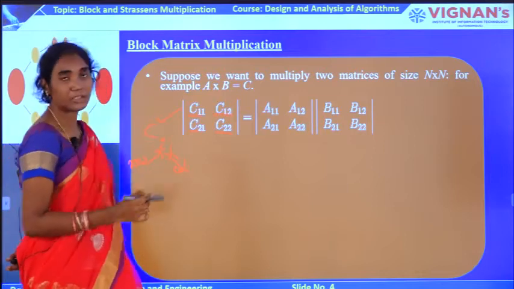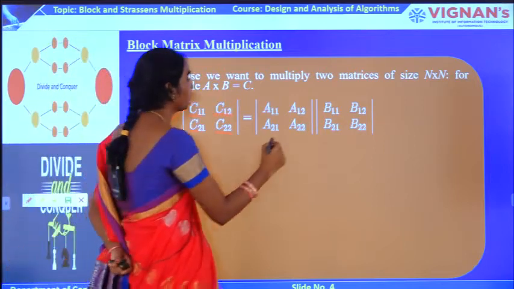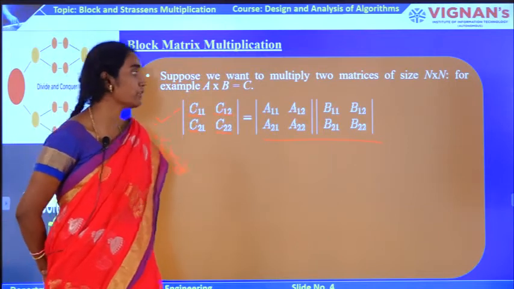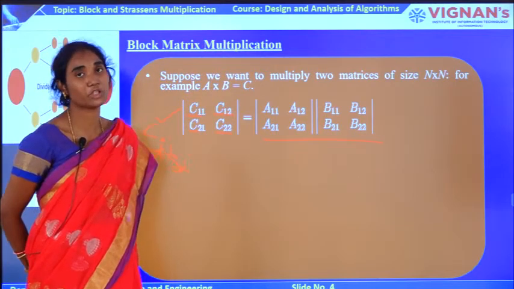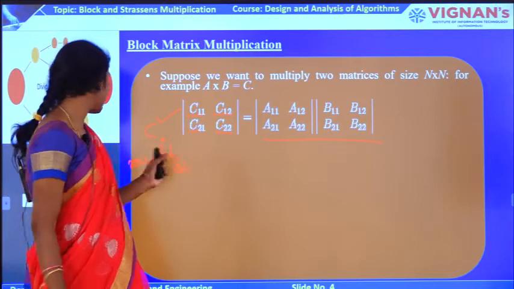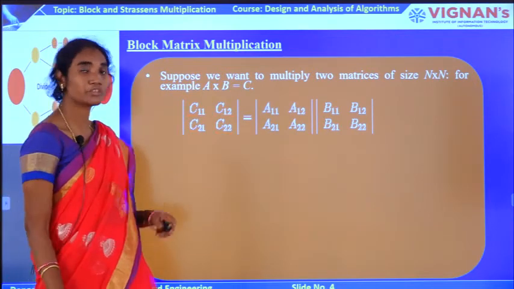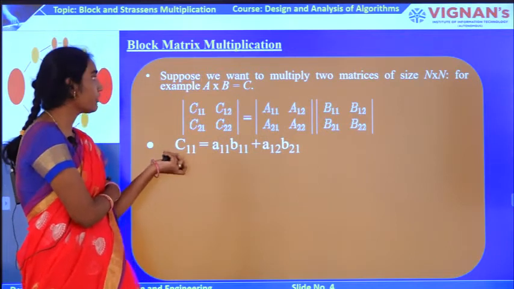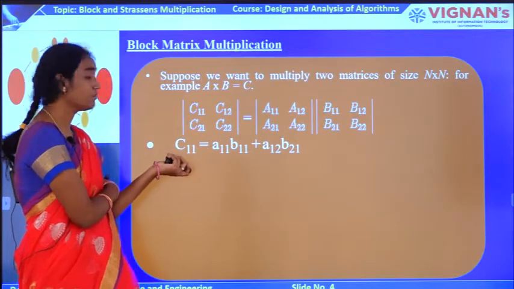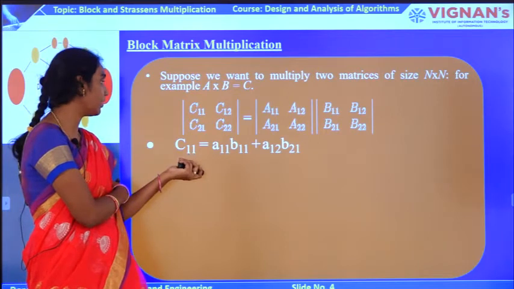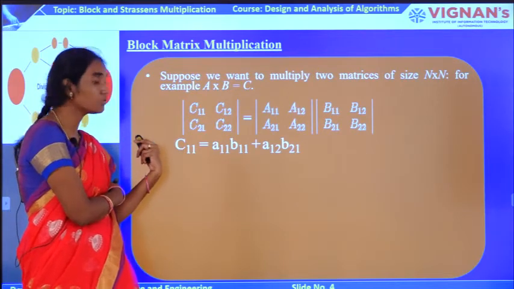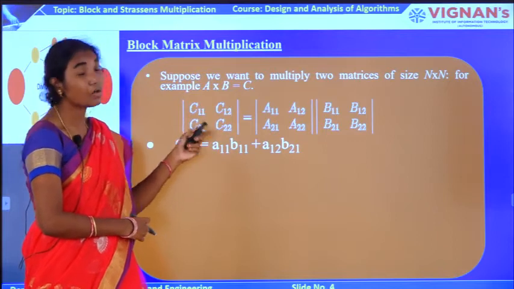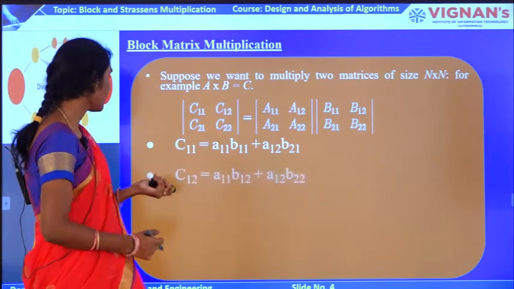So how are we going to perform this? A11, A12, A21, A22 into B11, B12, B21, B22, right? This is the notation for multiplication. Now what is the C11 value? C11 is equal to A11 into B11 plus A12 into B21.